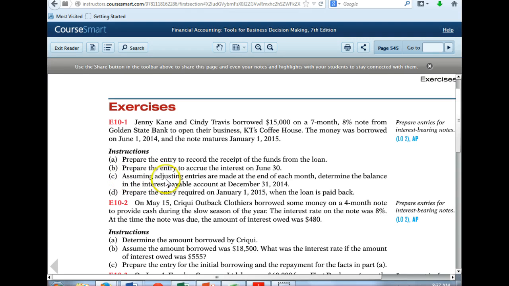C, assuming adjusting entries are made at the end of each month, determine the balance in the interest payable account at December 31st of 2014. How much do you think we're going to show in the account as of 2014?